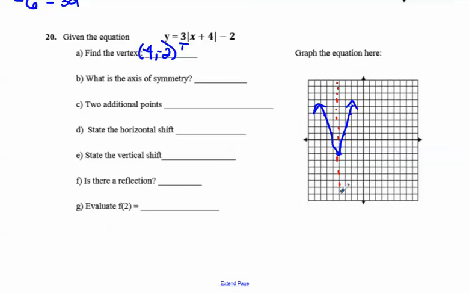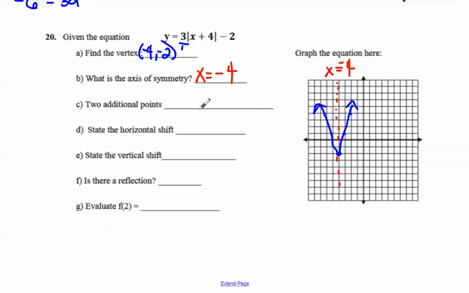Because it's a vertical line, this is going to be an x equals line, always. And if you check it out, you can see the x's are always equal to negative 4 on this line. You can also get this number from your vertex. So whatever the vertex x value is, your axis of symmetry is x equals that number, x equals negative 4.